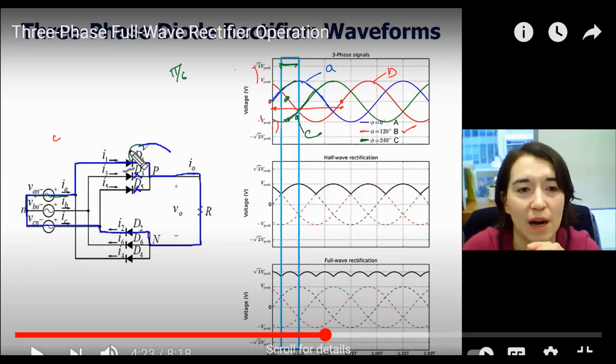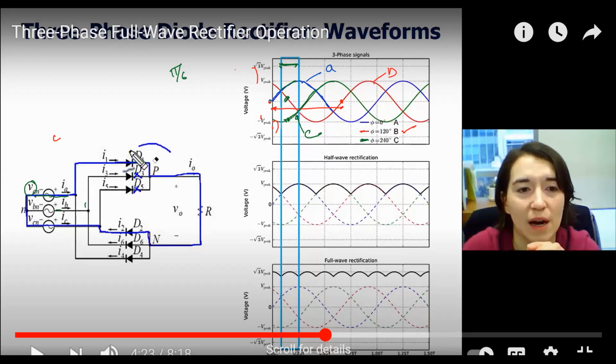So of course this diode D1 will be conducting because this is connected to your phase A, and then that will go here. So this AN voltage already appeared here, right? And this AN voltage is greater than your BN voltage and greater than your CN voltage, then which diode should be conducting during this phase?